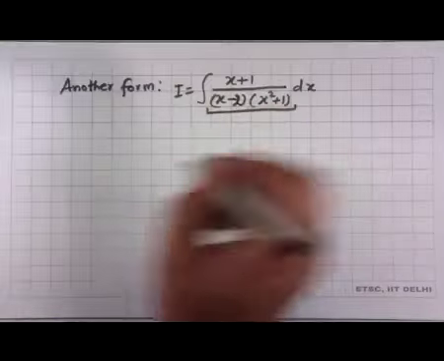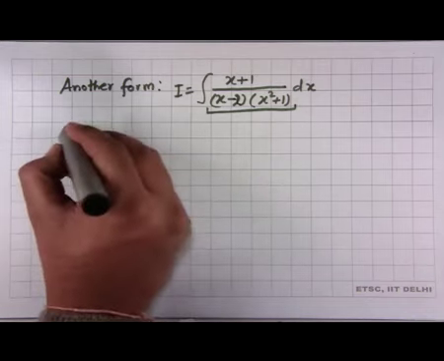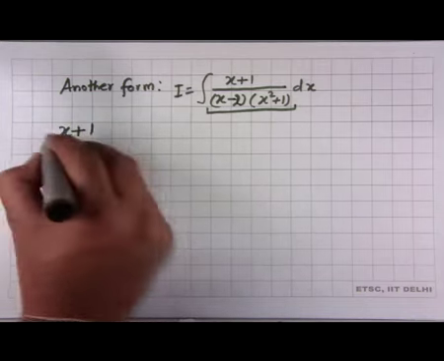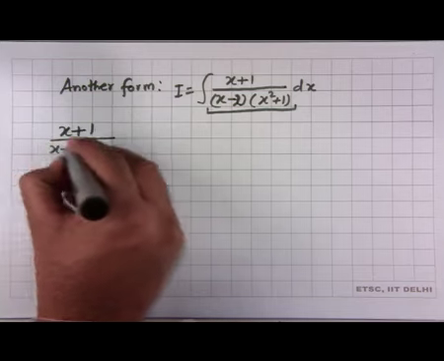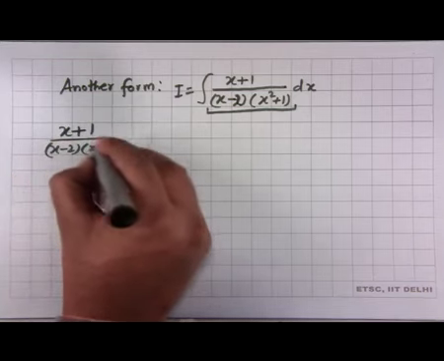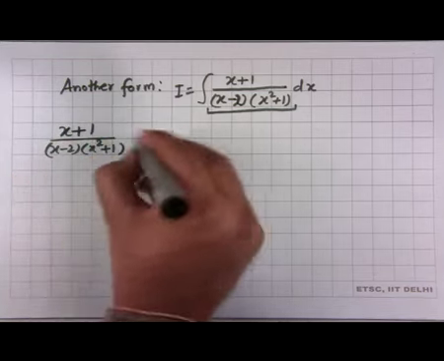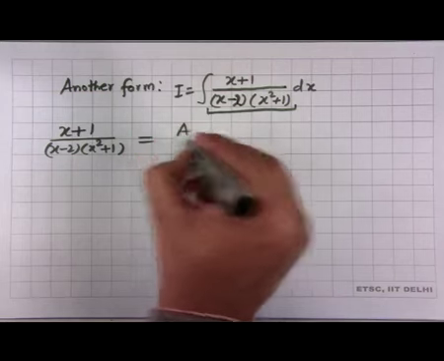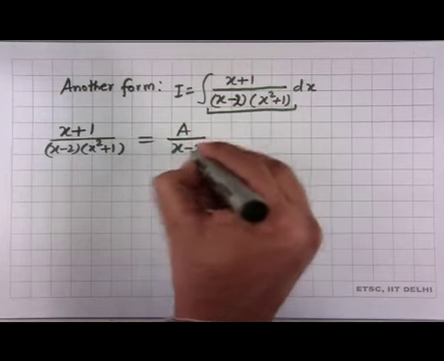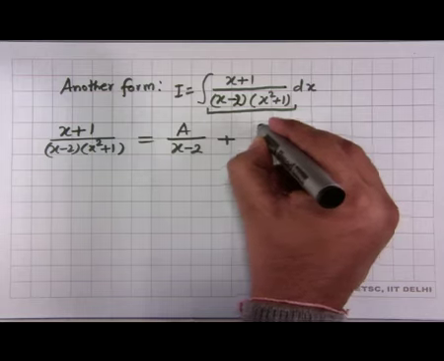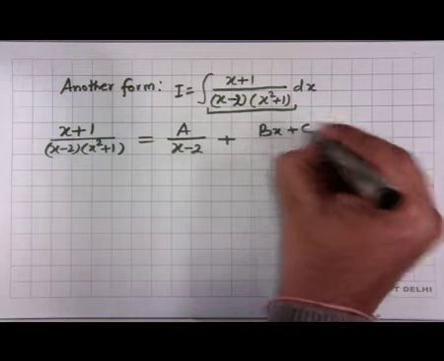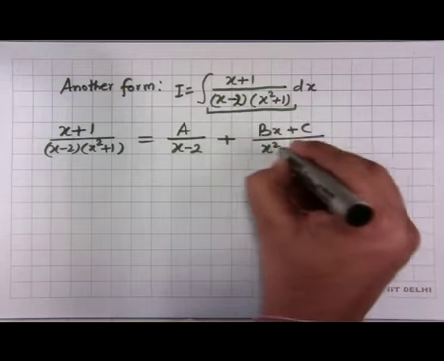So, the integrand written as partial fractions will be a upon x minus 2 plus bx plus c upon x square plus 1.